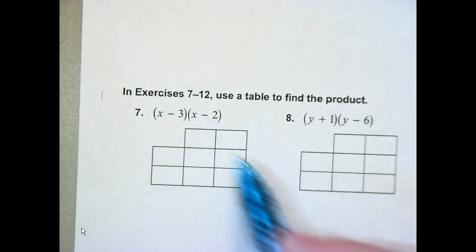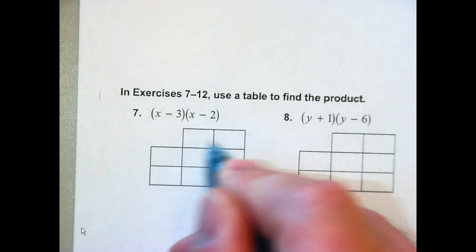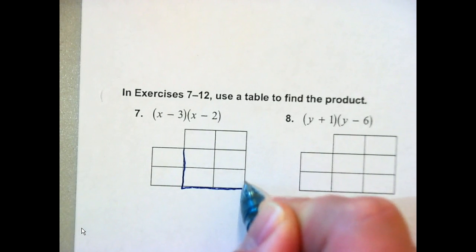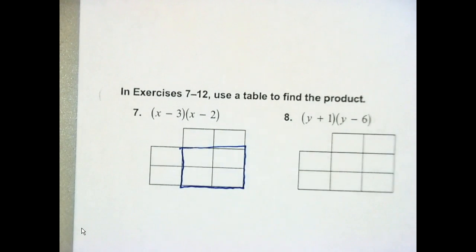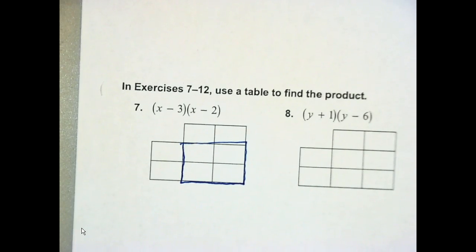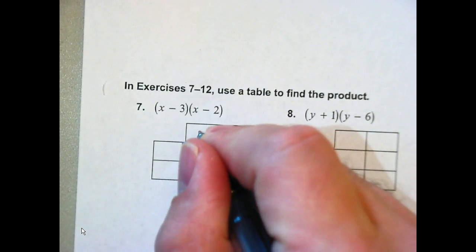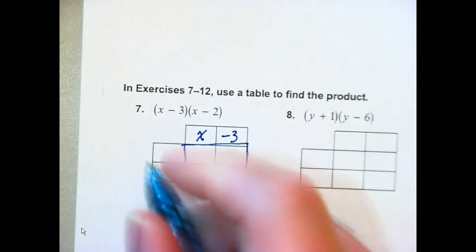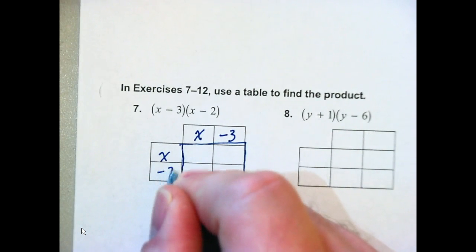So if you look at number 7, go ahead and fill in your outside boxes here with, think of this as your rectangle, fill in your outside boxes with the pieces. Okay, so this is x, that's negative 3. This is x, that's negative 2.